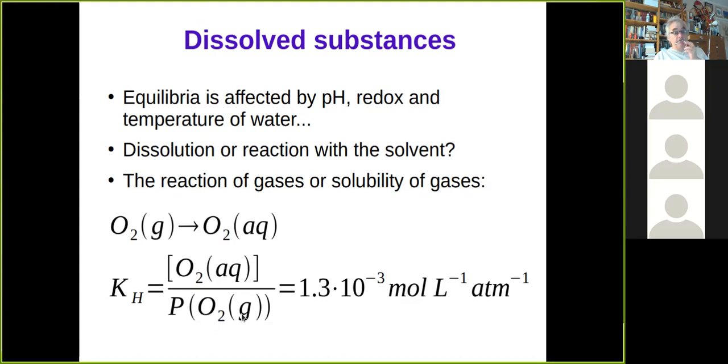But if you use atmospheres, then you will get the correct value of the equilibrium constant. This capital H here stands for Henry. That was some guy doing a lot of work on soluble compounds, especially I think he started with gases and distillation and such things.